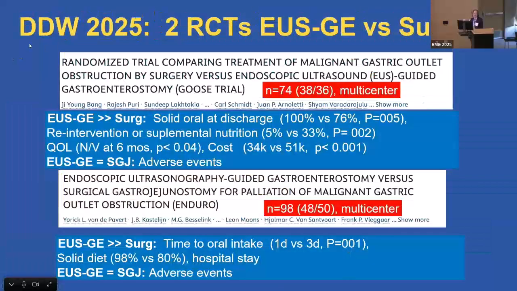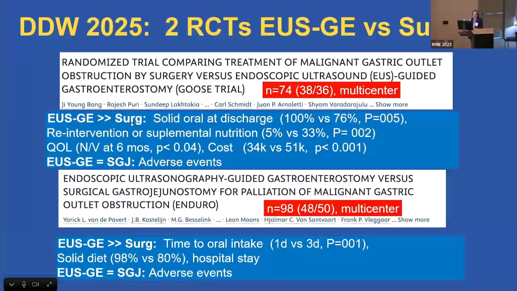And this was really the highlight of DDW, I think, at least for me, to see these 2 randomized controlled trials comparing EUS-GE versus surgery. This is the multi-center study from the Florida group, 74 patients, from US and European centers.